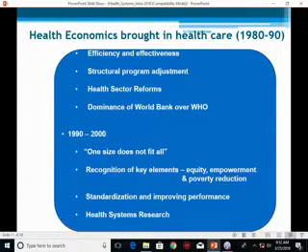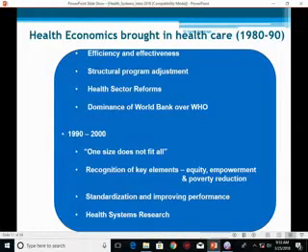Then in the 90s, the principle of one size does not fit all. They realized that you can't apply everything. So depending on the country's situation, you have to develop a system. And they recognized key elements like equity, empowerment, and poverty reduction. Those are the key things in terms of national development. So health has to contribute to those.